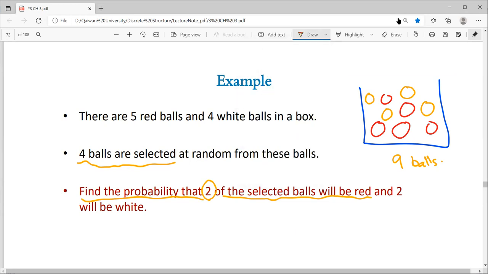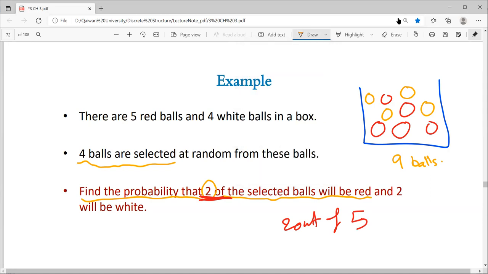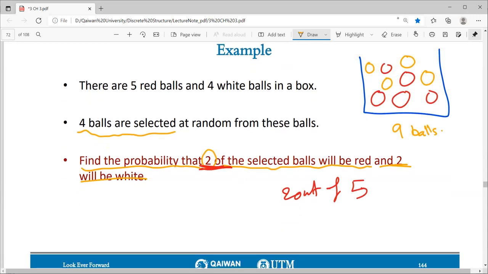So first we say 2 selected balls from the red ones. That means 2 out of 5. Sorry, we have 5 red balls. And it also says and 2 white balls. So 2 out of 4.